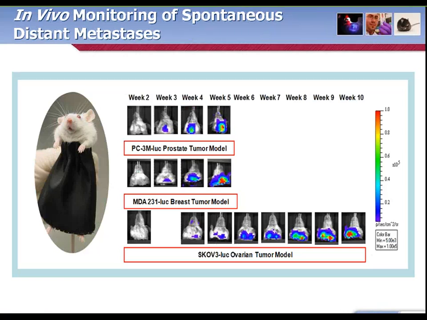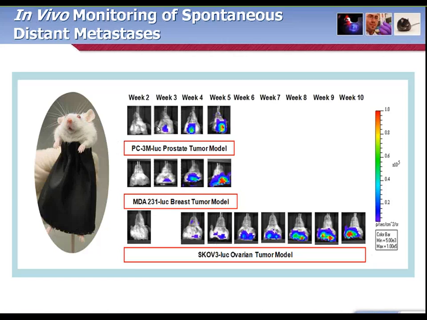Now, if you block the light from the primary tumor, and what we're showing here is this, I don't know what to call it actually, this kilt, if you put it on the mouse, it blocks the light from the primary tumor, and then we're able to see if there's light coming from other areas in the live animal in vivo.